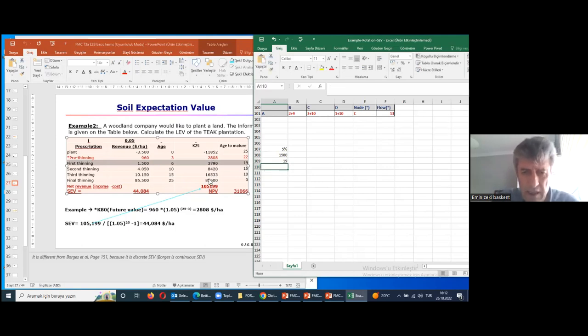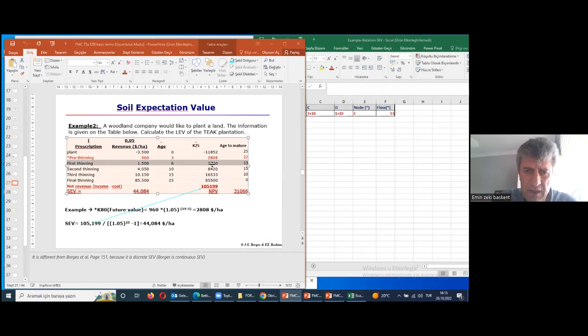So we'll calculate the future value of the first thinning, equal to the revenue multiplied by 1 plus the interest rate to the power of years to go. That is 3,790, as you can see over here, exactly right.